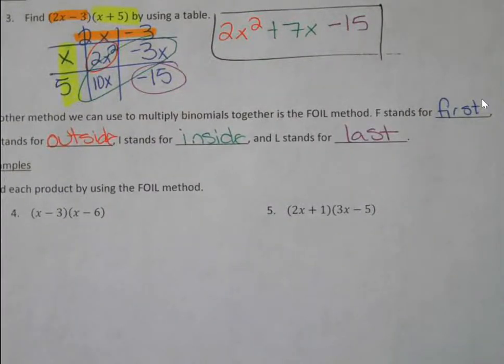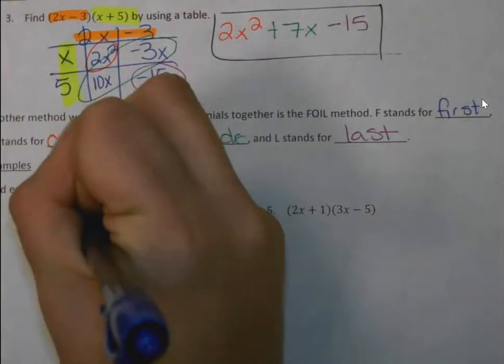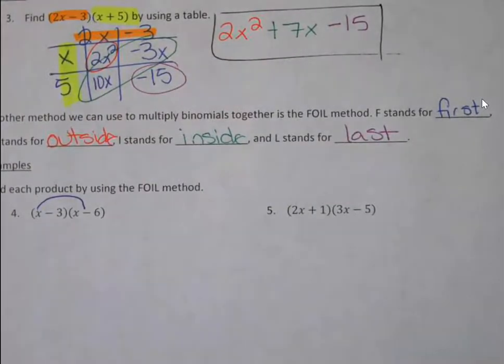Okay, so on this one, I'm going to multiply my 2 first numbers inside the parentheses, so that's x times x. X times x is x squared, I add the exponents when I multiply.